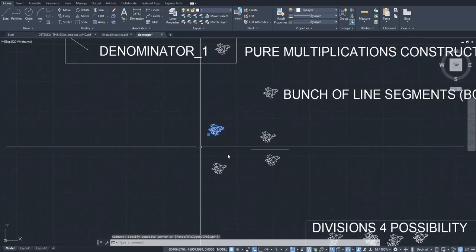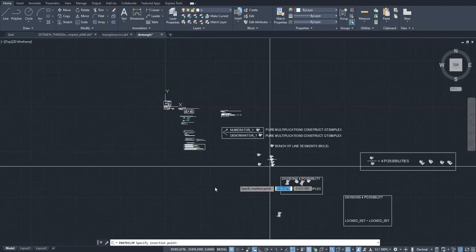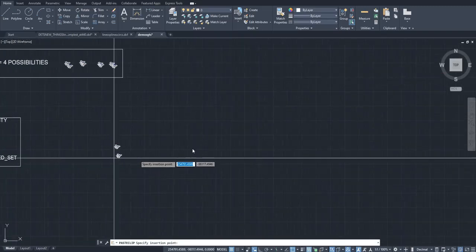Suppose this one is a bunch of line segments, this one is another bunch of line segments, and now we are doing the addition subtraction kind of thing.